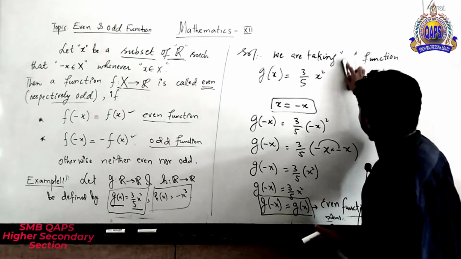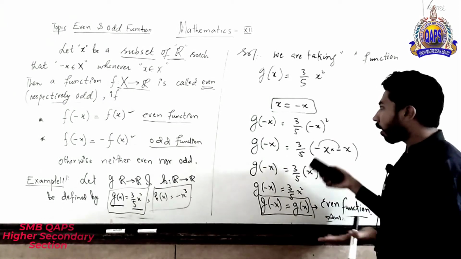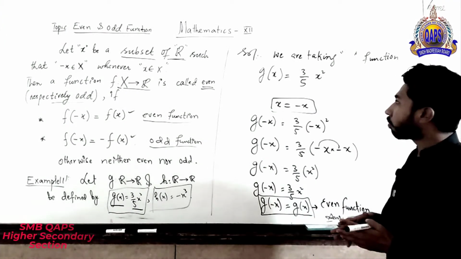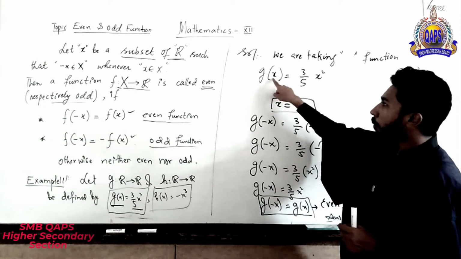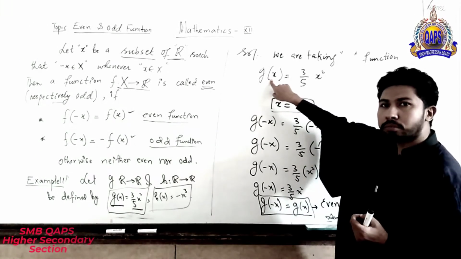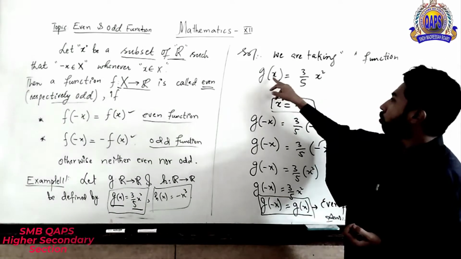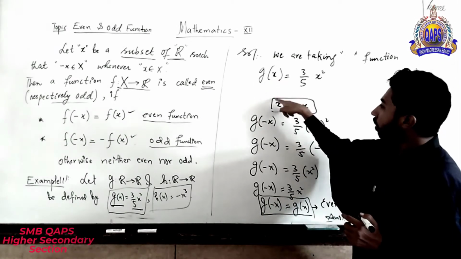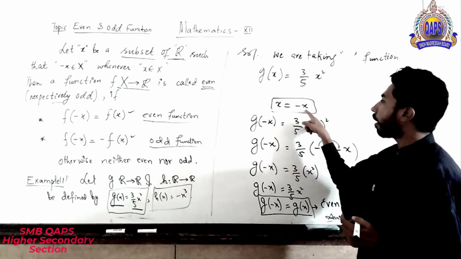I hope you all understood this point, because there is nothing tricky: in the place of x, or any input given in this form, you just put a negative sign. I have already put negative x in the place of x.